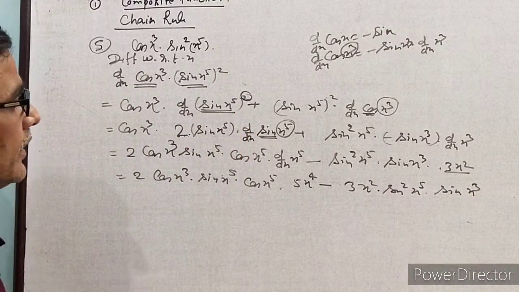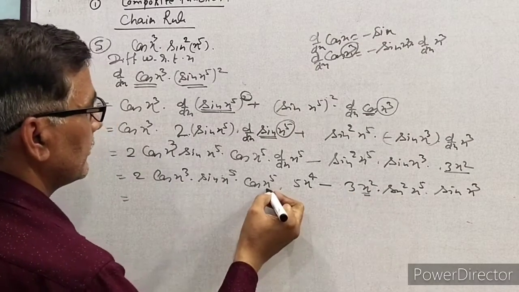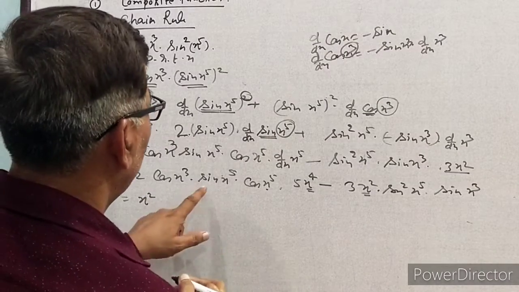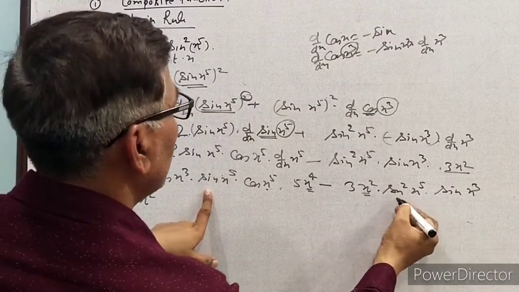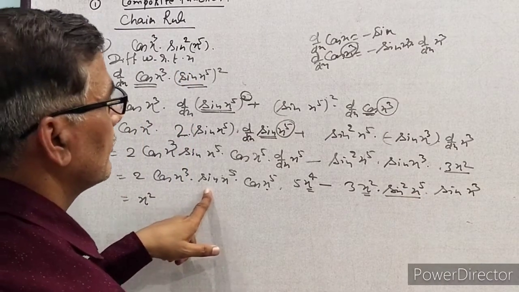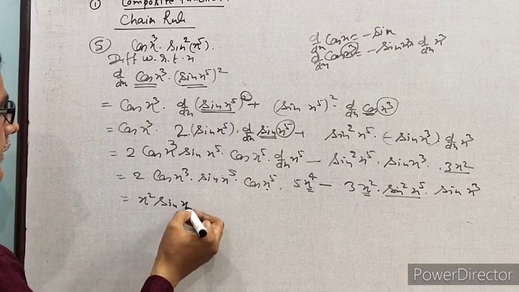Now we can take common x square and sin x raised to 5.